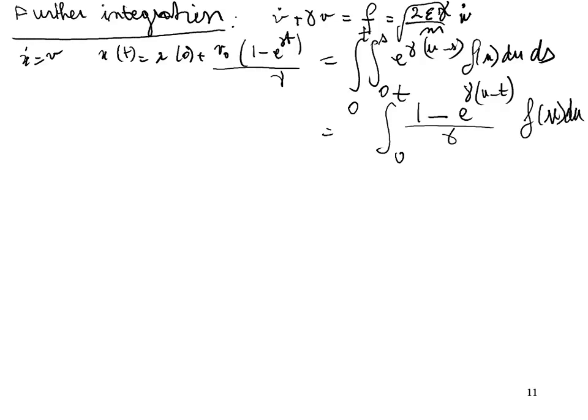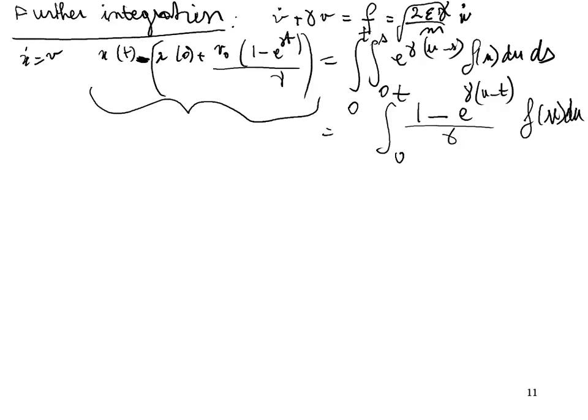Right, so I'm sorry, this here is x of t minus this, which is equal to this. So now we can look at the property of this difference, x of t minus these initial conditions.